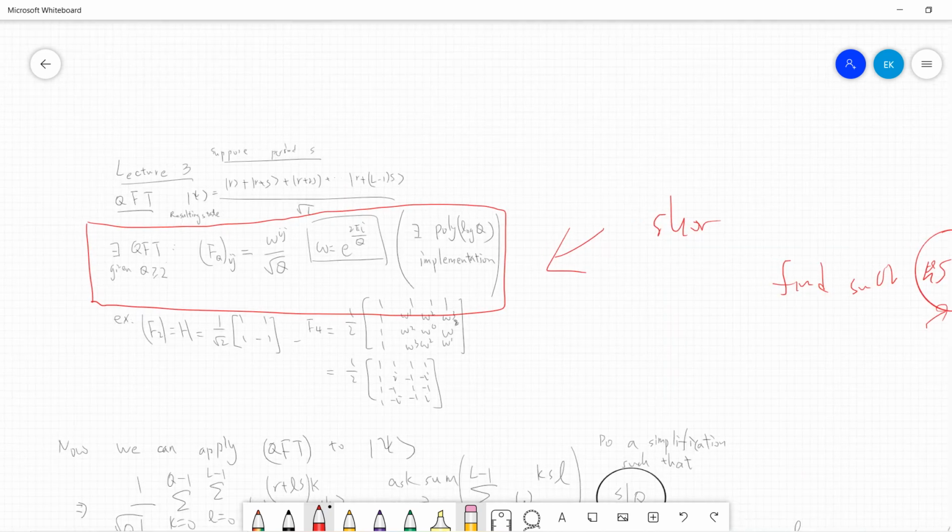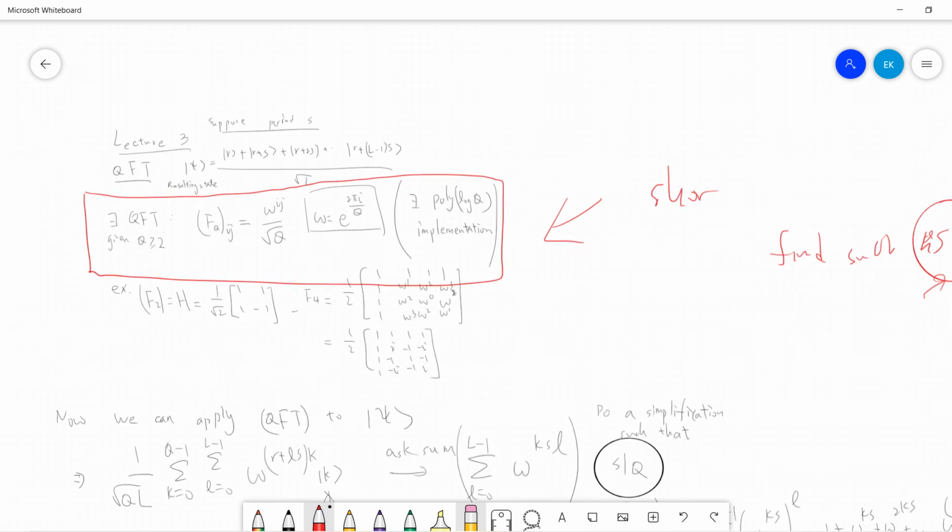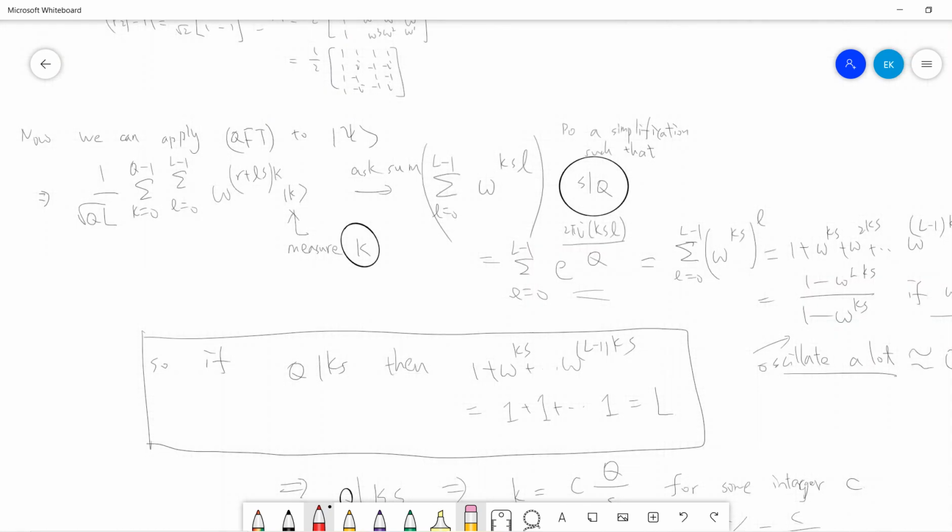I think this is the important subroutine of Shor's algorithm, and that's enough for introducing it at this level. Next time we can talk about the complexity implications of Shor's algorithm.